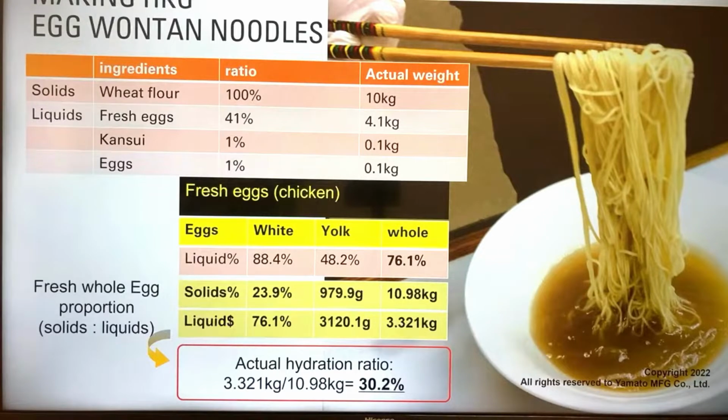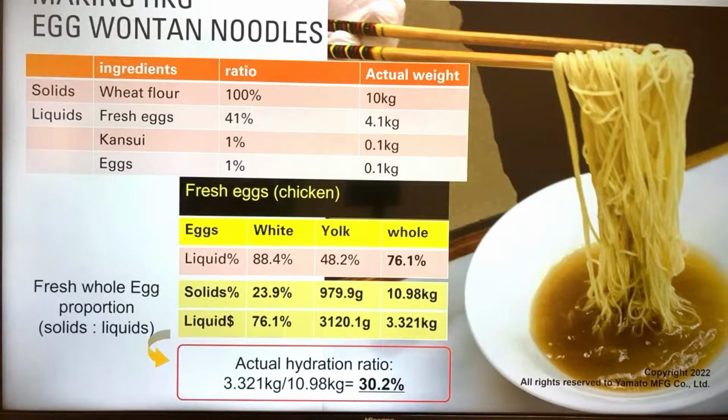That should be added to the solid, the wheat flour of 10 kilograms. So the actual solid ingredients weight is 10.98 kilograms, and the liquid is calculated to be 3,120.1 grams, which should be added to the liquid.